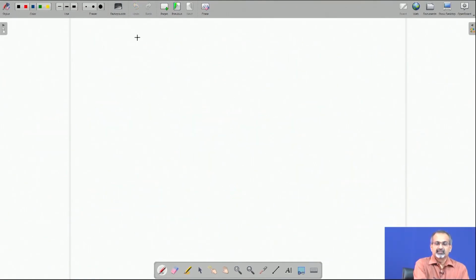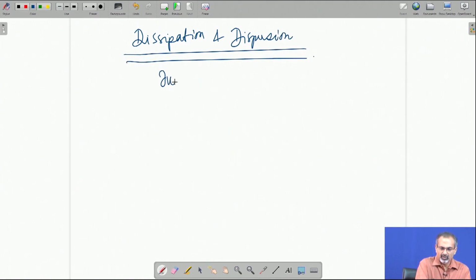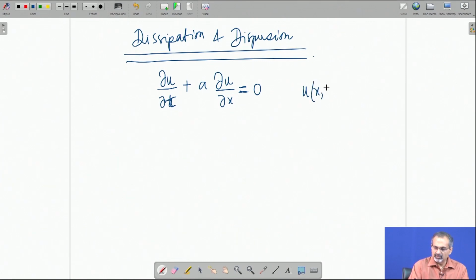We do a little more discussion on dissipation and dispersion. Let us go back to our governing partial differential equation, which is this, and let us assume a solution of this form for u as a function of space and time.